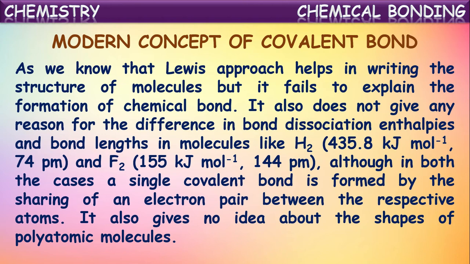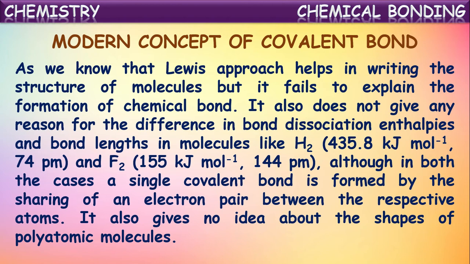According to Lewis dot structures, both will be represented the same, as a single bond formed by sharing a pair of electrons. But there is a lot of difference in their properties. They have different bond energies and even bond lengths. Why they are so different is not explained in the Lewis approach.